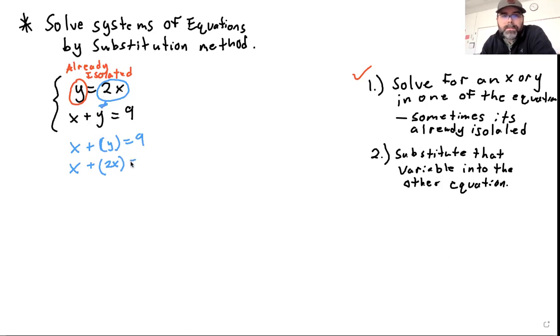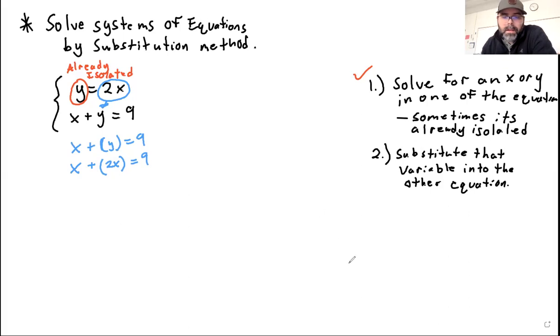So that's what I did. Now that I have done this, look at this equation and tell me what is now missing from this equation. Y. Exactly. And if we only have one variable in the equation, what can we do?